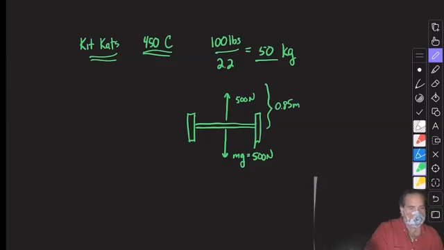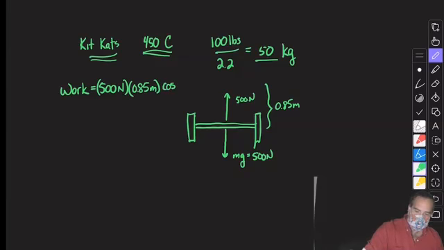Please do me a favor. Calculate how much work I did on the bar. It's not hard. The work I did on the bar is going to be equivalent to the force I applied, 500 newtons, times how far I moved the bar, 0.85 meters, times the cosine of the angle.